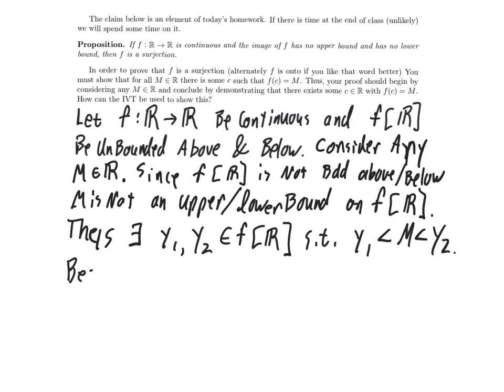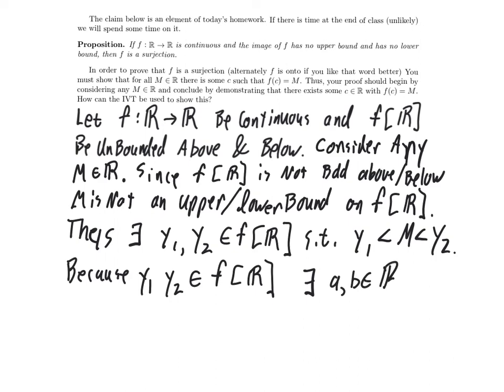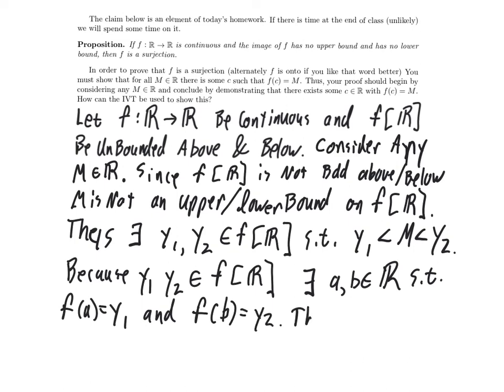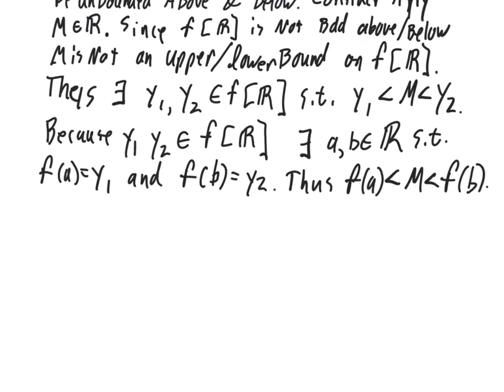So because y1 and y2 are in f of R, there exist some a and b in R such that f of a is equal to y1 and f of b is equal to y2. Thus, f of a is less than m is less than f of b. Oh, cool. Now I'm set up to use the IVT.